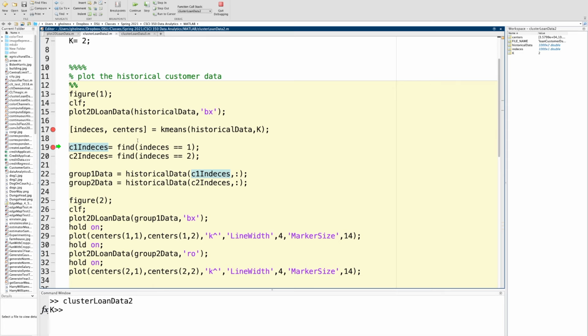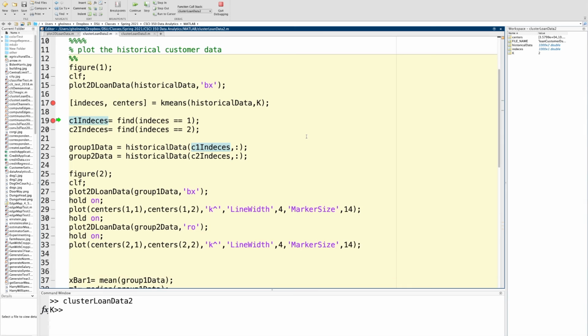Now I search through my indices for those positions where I have cluster 1 and cluster 2, and they give me indices that I can use in my data table that I read in order to pull out those vectors corresponding to cluster 1 versus cluster 2.